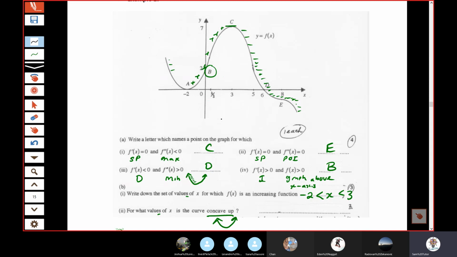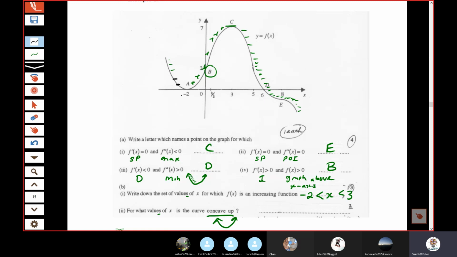Any ideas? Tell me. No? Eden, any ideas? -2. -2 is specifically stationary. Like, it's not just concave up. It is concave up there, but it's stationary. Like, this is still concave up. This is still concave. Yeah.